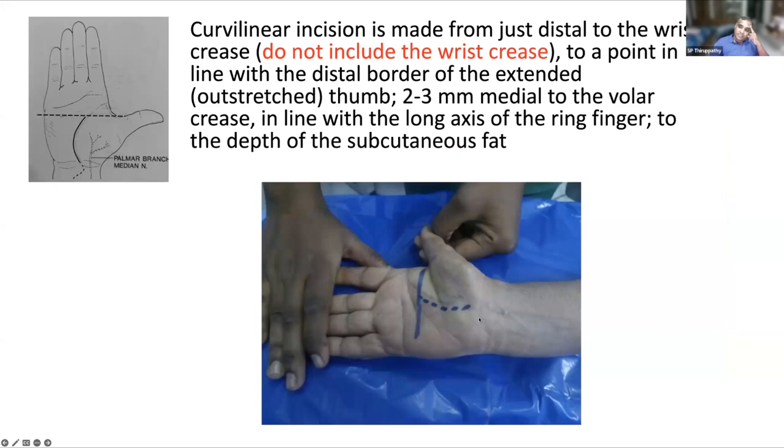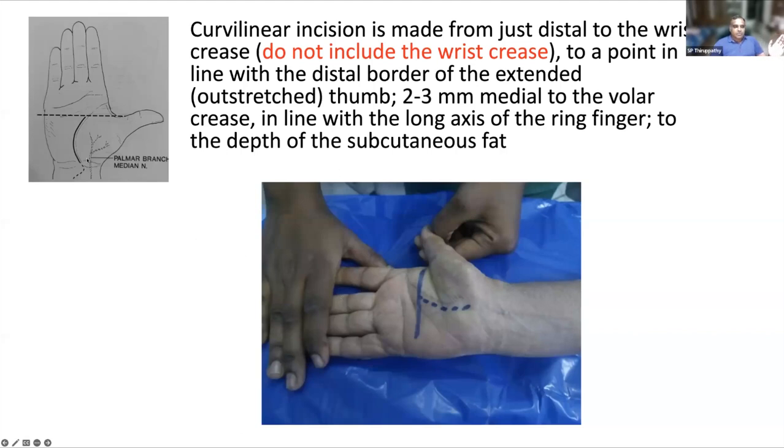In initial cases, to make the surgery easy, we were crossing the wrist crease, but the patients had severe pain and tenderness in this area. Because we are using a microscope, we can take advantage of it. The starting point is a few millimeters distal to the wrist crease, to a point in line with the distal border of the extended, outstretched thumb.